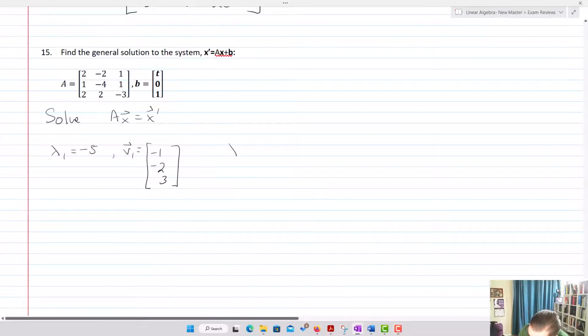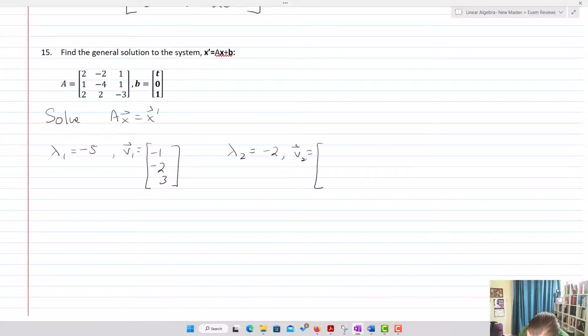Then lambda 2 equals negative 2, and v2 is going to equal 0, 1, 2. And then lambda 3 equals 2, and it has a v3 equal to 4, 1, 2. So those are our three sets of eigenvalues and eigenvectors.